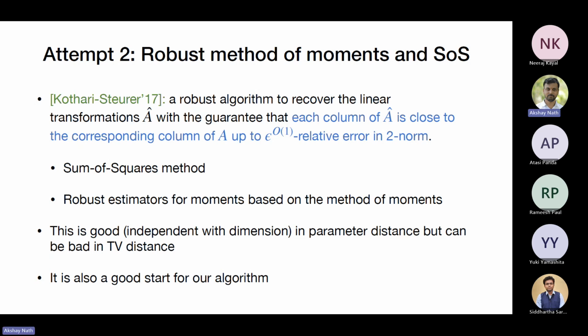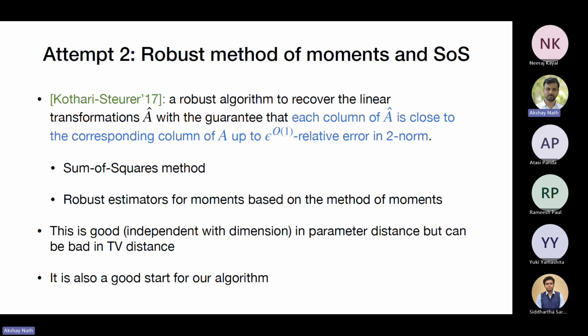It's not the same as the Frobenius norm, it's even worse than that. But it's something that's good because it's independent of the dimension. So our goal is to have no dimension in our error guarantee. Dimension is too large, we can't afford that.